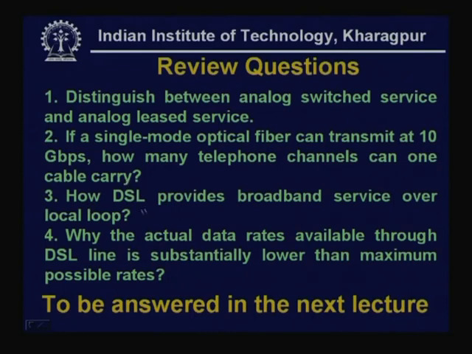Question 3, how does DSL provide broadband service over local loop? Fourth question is, why are the actual data rates available through DSL line substantially lower than maximum possible rates? These are the 4 questions which will be answered in the next lecture.